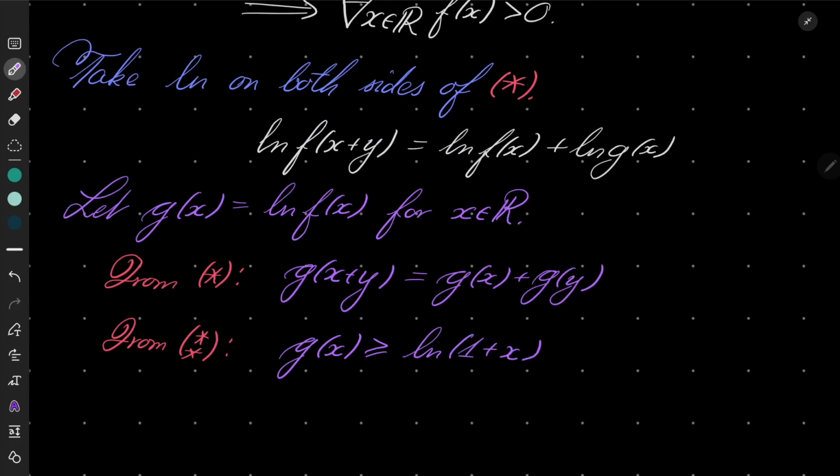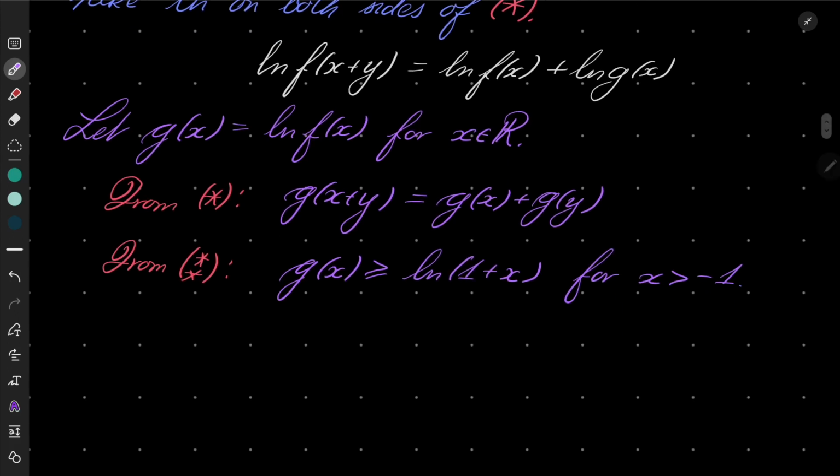Of course, this only works for x's which are greater than minus 1. Okay, but let's notice the following. That implies that g of x is greater than 0 for x's which are from 0 to infinity.